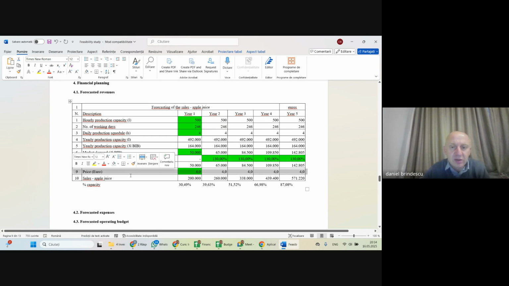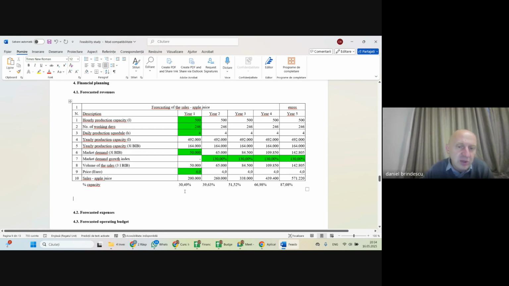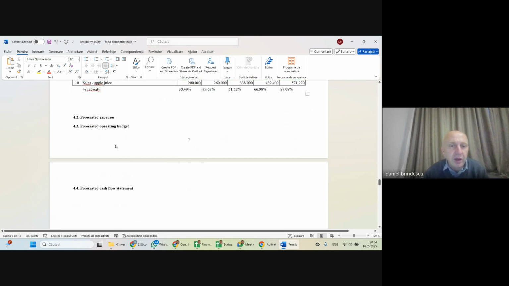The estimation was done in constant prices, and therefore the prices were left at €4 per box in accordance to the price policy within the marketing mix in chapter 3.